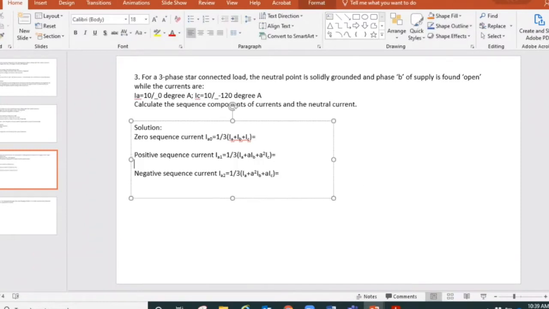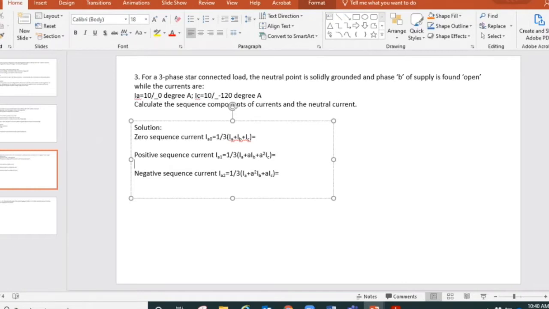Zero sequence current IA0, its formula is 1/3 (IA plus IB plus IC), and the positive sequence current formula remains the same: IA1 is equal to 1/3 times (IA plus A IB plus A squared IC).